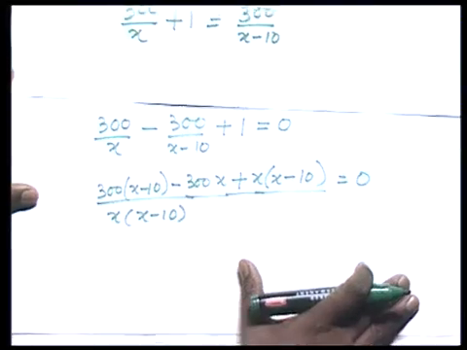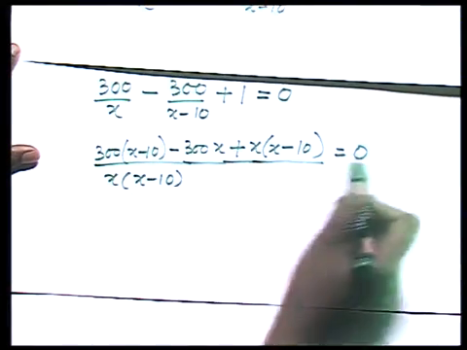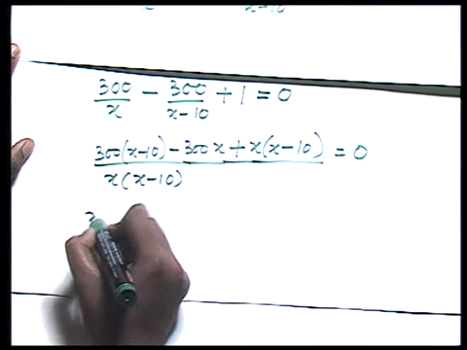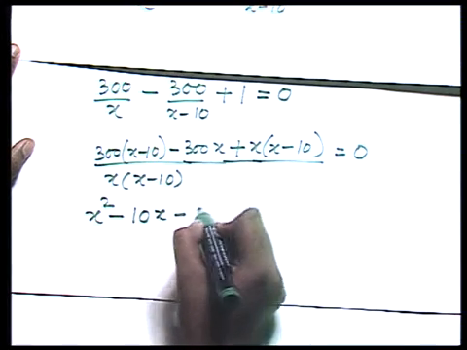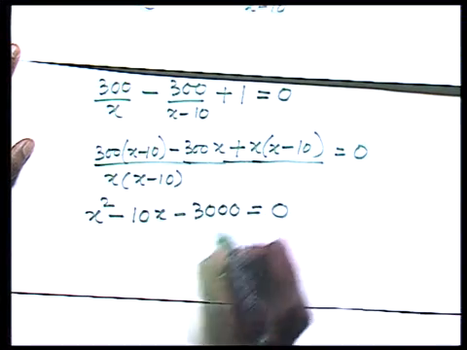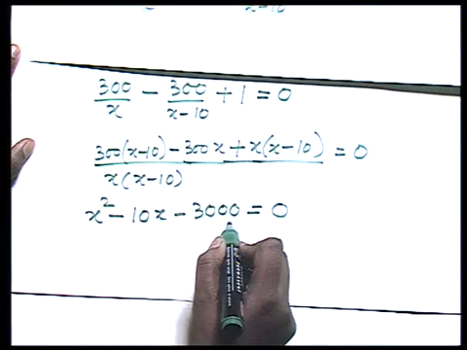Solving this equation and taking this expression to the right hand side, we get the final equation as x square minus 10x minus 3000 equal to 0.